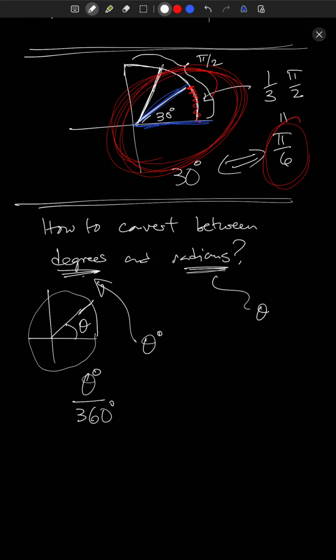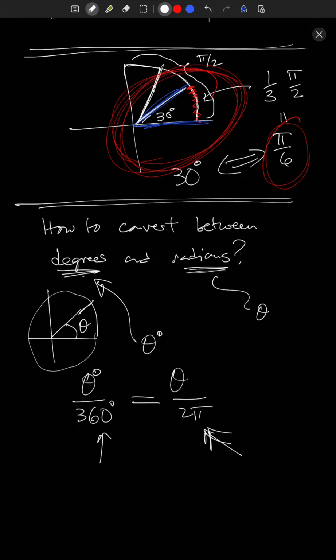Okay, well, this here should be equal to the radian measure over 2 pi, right? Because when we measure with radians, the full circle is 2 pi. So no matter how we measure this circle, whether in degrees or radians, these two ratios have to be the same number, right? Because both of these express how much of the circle we're considering.